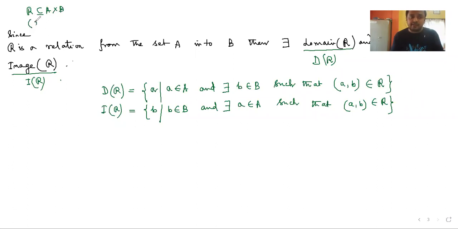So if I consider the element, say, (x', y') belonging to this set R, then the collection of all the points appearing as the first coordinate of the ordered pair constitutes the domain, and the collection of all the points which appear as the second coordinate of the ordered pair constitutes the range, which has been mentioned over here.